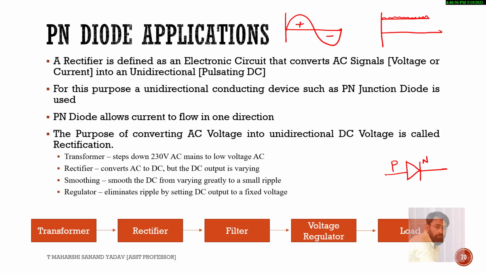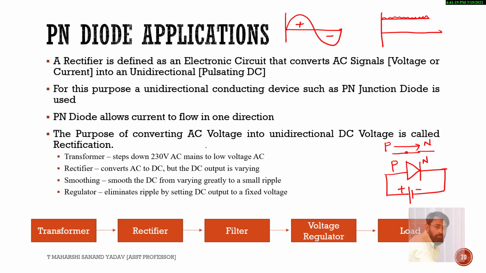Suppose I connect the P-type material to the positive terminal of the battery and N to the negative terminal. This is called forward bias. Under forward bias, the diode will act as a short circuit. Therefore, it allows the flow of current only from P to N. That's why the diode is called a unidirectional device.